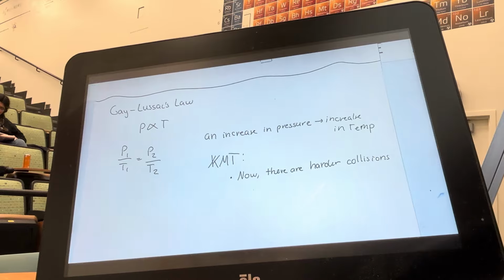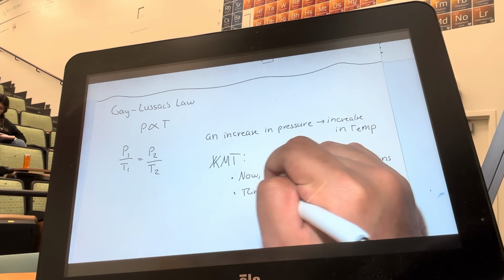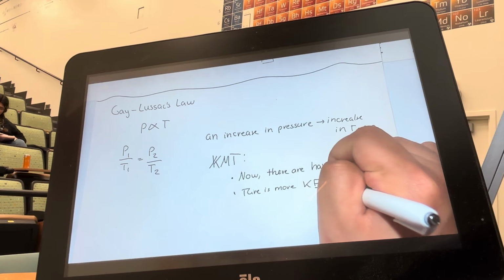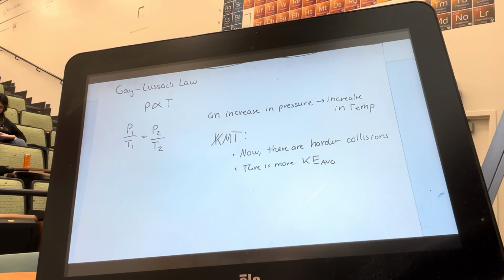And now there is more kinetic energy, or more average kinetic energy. So as you increase the temperature, you're also increasing the average kinetic energy of your gas sample, which is cool.